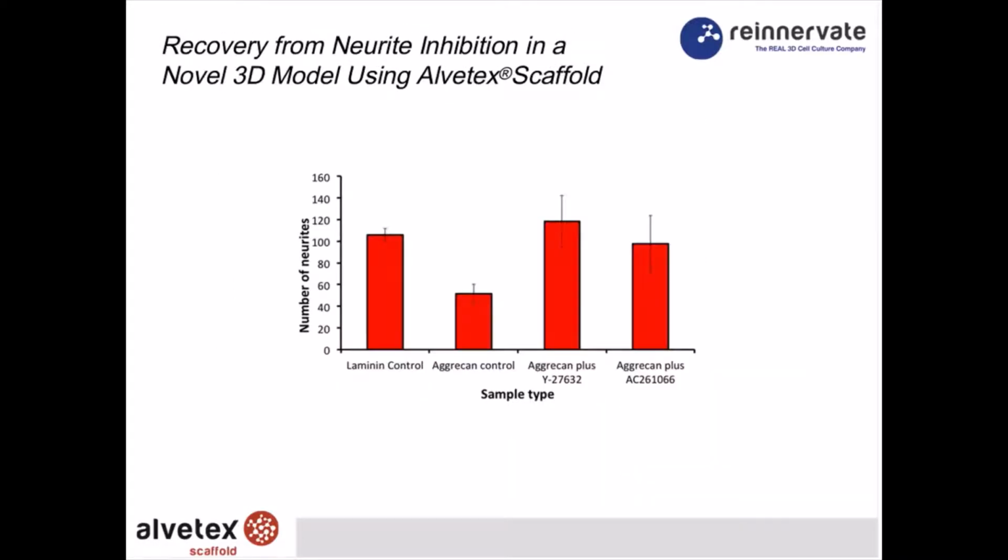And we can quantify these data very nicely by looking at the number of neurites in the different conditions, and we can show statistically that there is indeed a difference between the controls and the fact that aggrecan control can be rescued when we add the retinoid, and also we can rescue it using this other small molecule, which is Y27632, a well-known ROCK inhibitor.